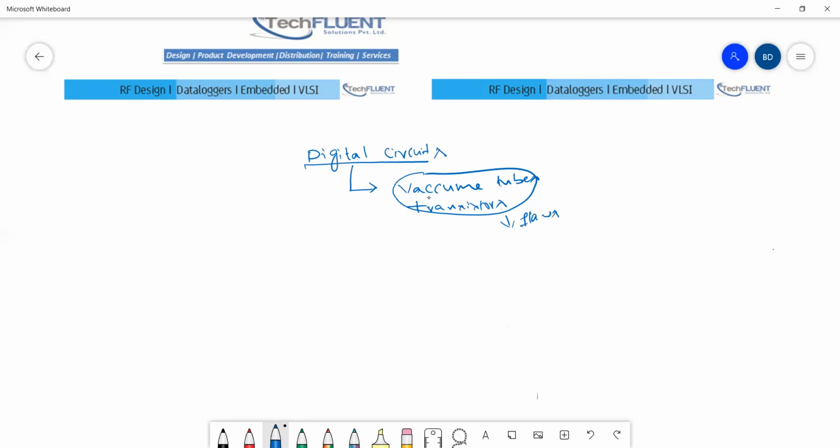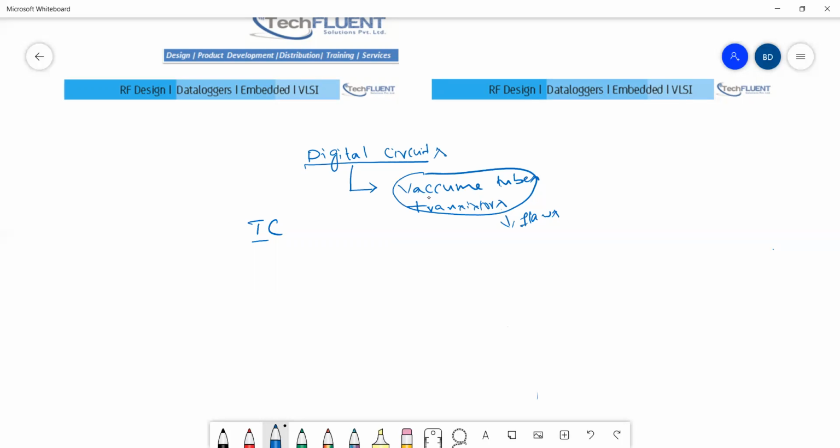We are not going in depth into them again, but digital circuit implementation changed rapidly after the invention of integrated circuits. An integrated circuit is where a number of active and passive components are placed on a single silicon wafer, or a number of transistors are placed on a single silicon chip, or a number of logic gates are placed on the silicon chip.